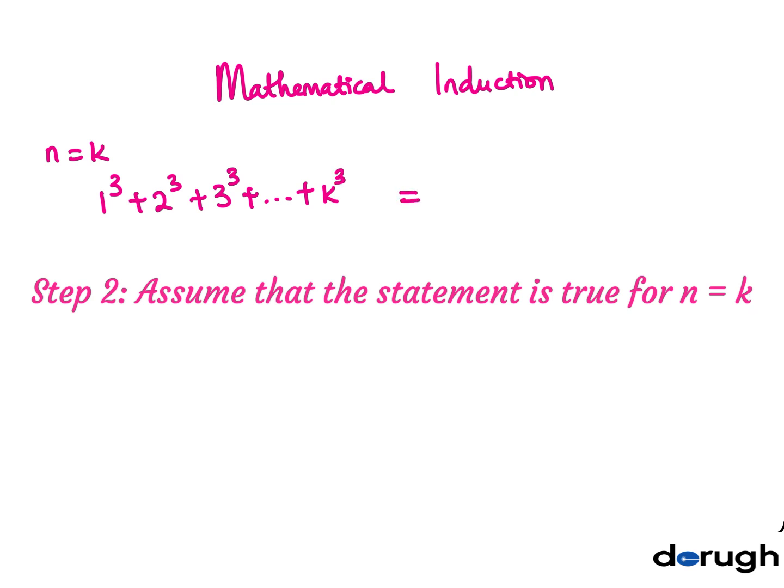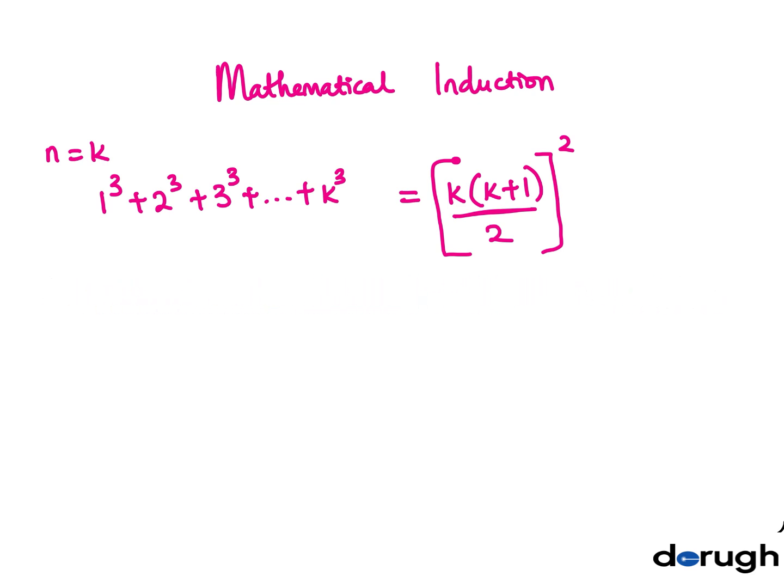And on the other side, we'll have k bracket k plus 1 all over 2, everything squared. So our assumption is that this is correct. Let's try to simplify this a little bit. What we will have is k squared times k plus 1 squared over 4.